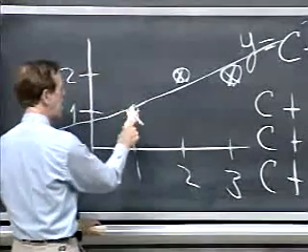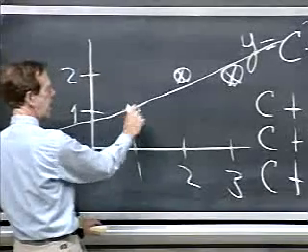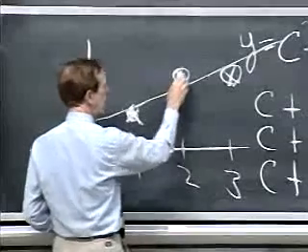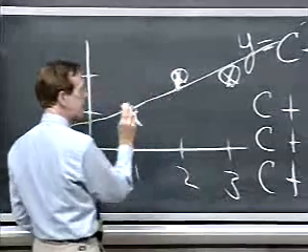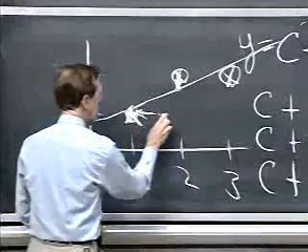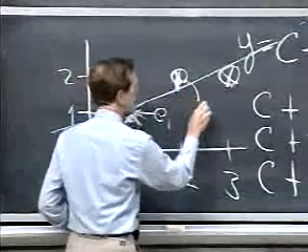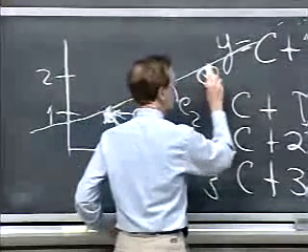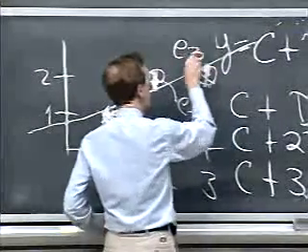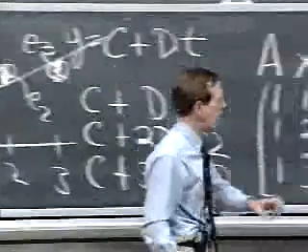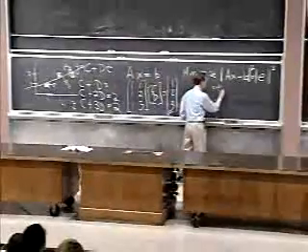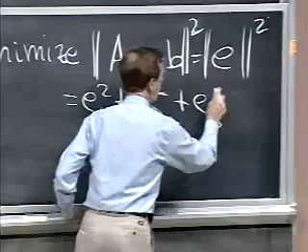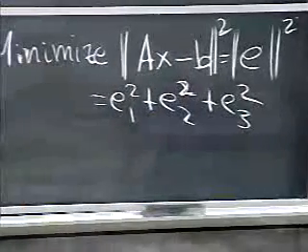There's 1, and there's C plus D, and it's that difference. Here's 2, and here's C plus 2D. So vertically, it's that distance. That little error there is E1. This little error here is E2. This little error coming up is E3. And my overall error is E1 squared plus E2 squared plus E3 squared. That's what I'm trying to make small.